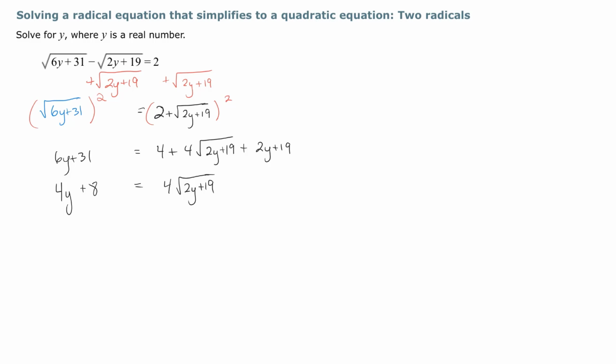We could divide the entire sides by 4. Notice there is a common factor on the left-hand side of the equation, so we could reduce. Let's show that common factor. There it is. Is now equal to the square root of 2y plus 19.